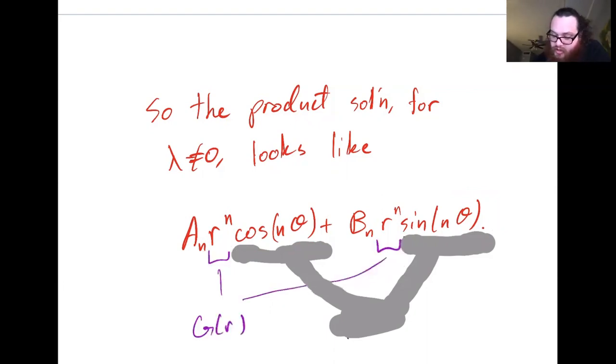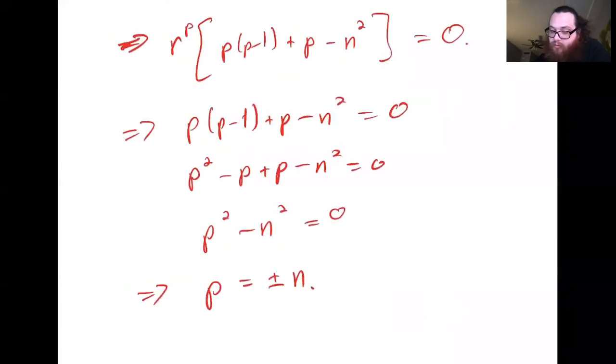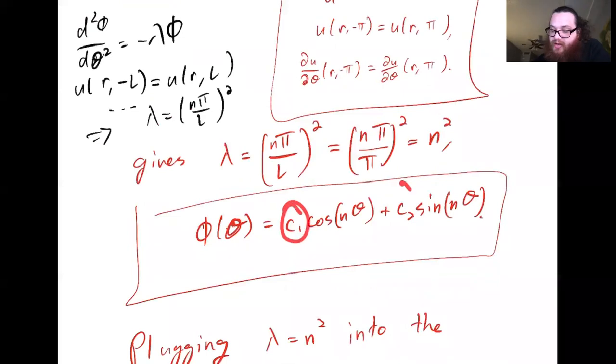Okay, and so here, keep in mind that these radial pieces are that G of r, and then those other pieces are phi of theta. And so in some sense, this a sub n and this b sub n were what we had written up here as C1 and C2.